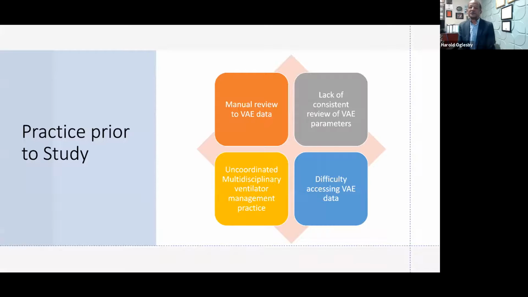So what led us to move from just having the information in RKP to actually putting it on a tablet and using it at the bedside? And again, the doctor covered some of this, but it was the fact that we were using a manual review process to collect VAE data.